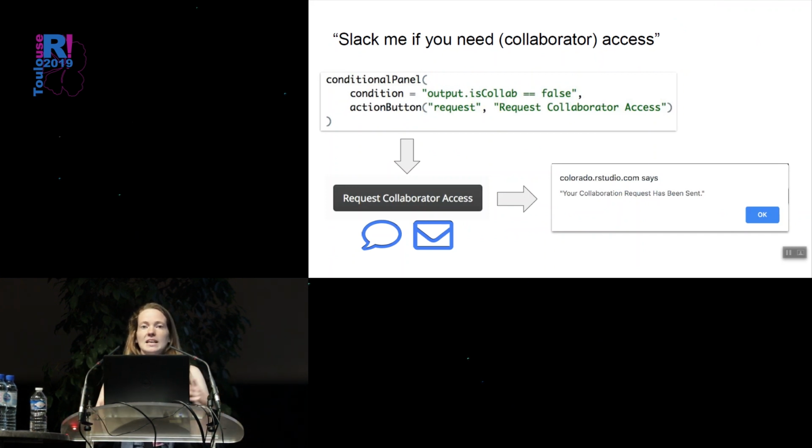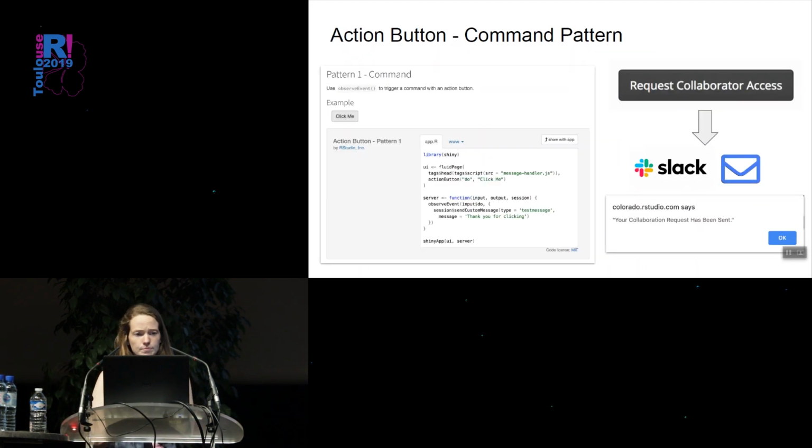My condition is the output test for isCollaborator. So if you are not a collaborator, I want to show this action button. And I want that action button to send me a Slack message that says, hey, this user has requested collaborator access on this specific application.